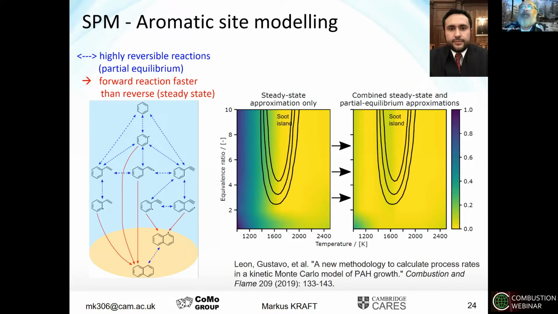If you did that with PAHs, you would very quickly find that the number of species you need grows completely out of bounds. This is why you cannot really simulate gas phase chemistry of PAHs if you want to also take into account larger structures with the classical detailed chemical mechanism approach.